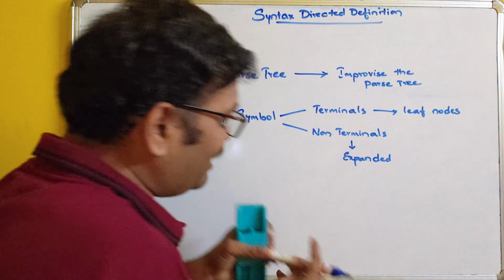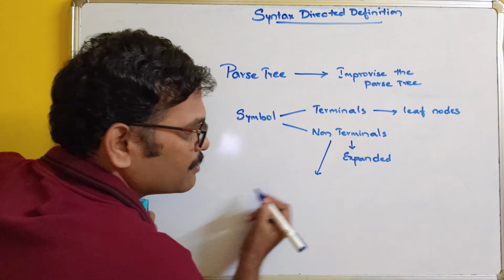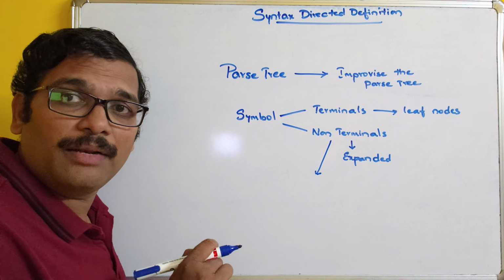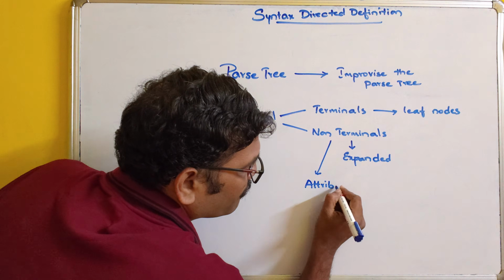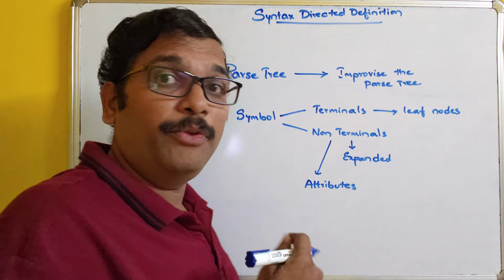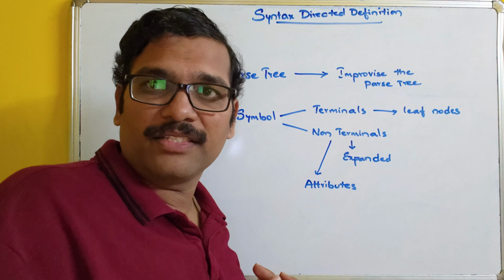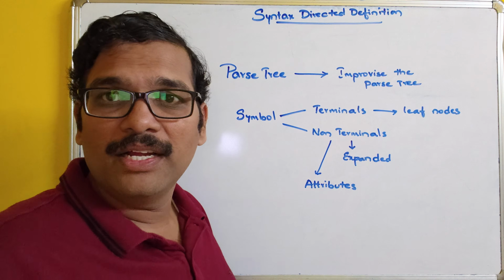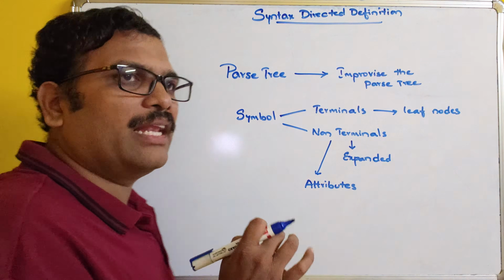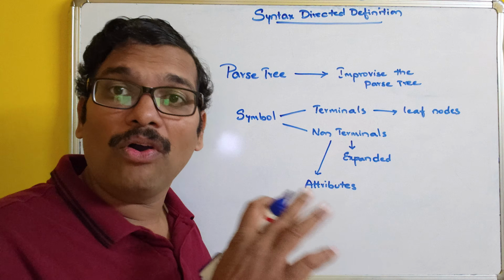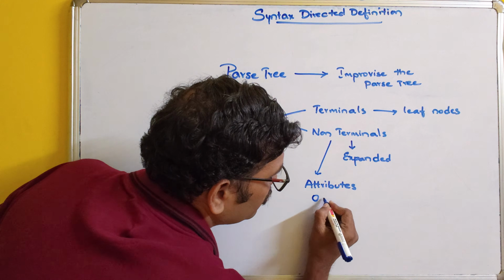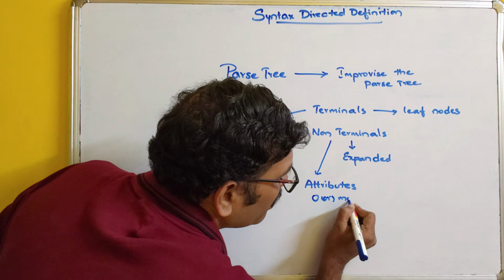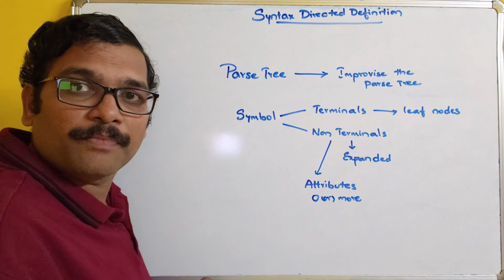Particularly for these non-terminals, there will be attributes, like properties. For every non-terminal, there can be zero or more attributes.